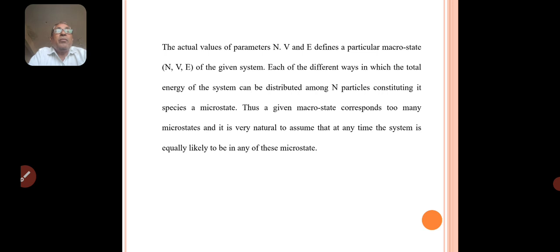Thus, a given macrostate corresponds to very many microstates, and it is very natural to assume that at any time the system is equally likely to be in any of these microstates.